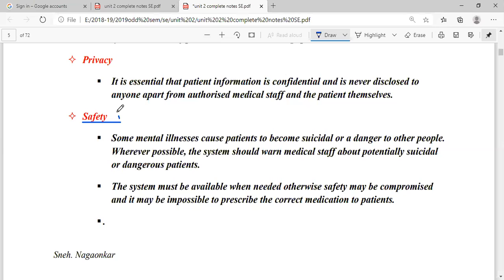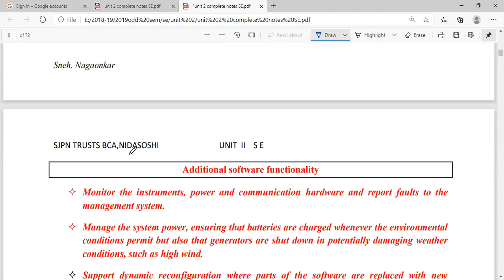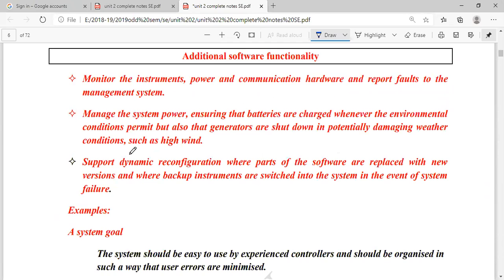So this mental health care software must be managed very critically. Creating software for mental health care is a very challenging thing, because you have to monitor the patient and every activity of the patient at every second. Those are the safety measures, right?